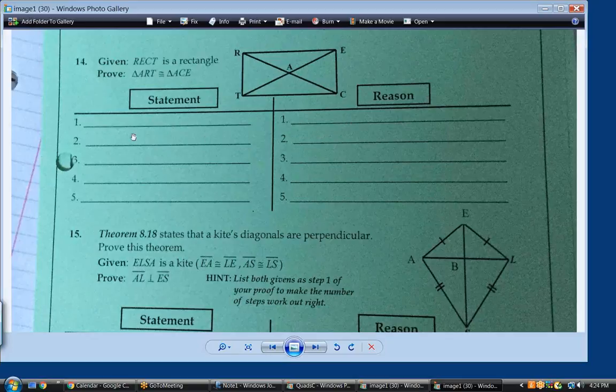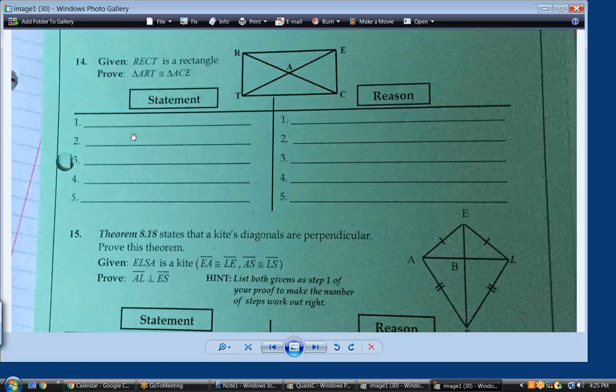Now, what is statement 2? We could do RA is equal to CA. Okay?